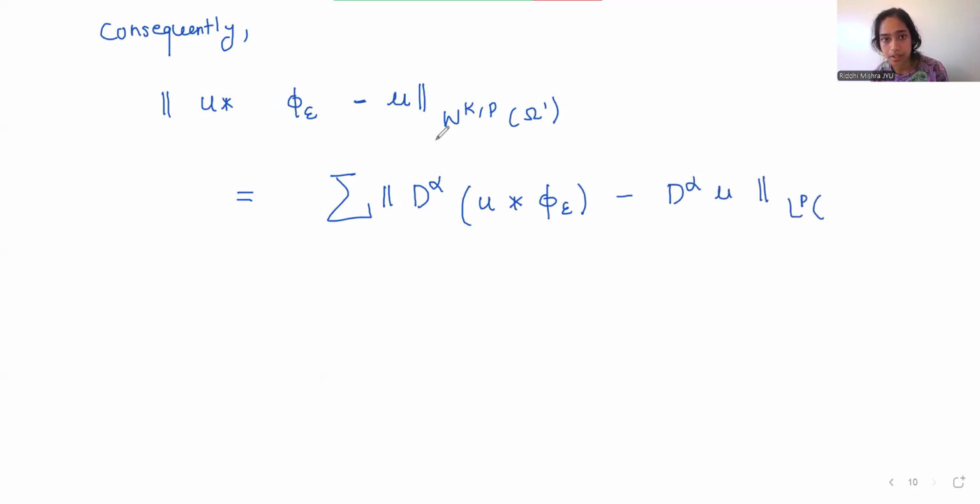This is just the definition of the W^{k,p} norm, and here alpha is less than or equal to k. And we know that D^alpha of u epsilon converges to D^alpha u by this previous result.